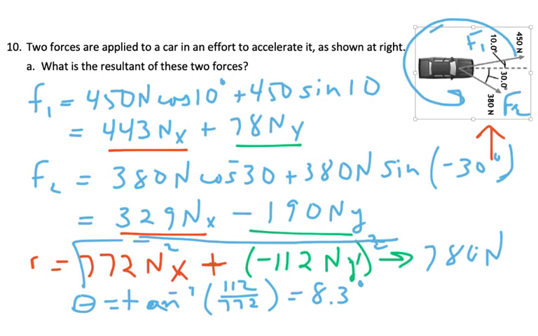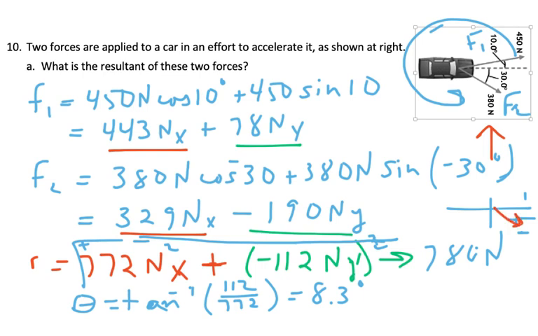Now you want to go back and think about it. We have a positive x component and a negative y component. So that means that we are in positive, negative, down here in the fourth quadrant.